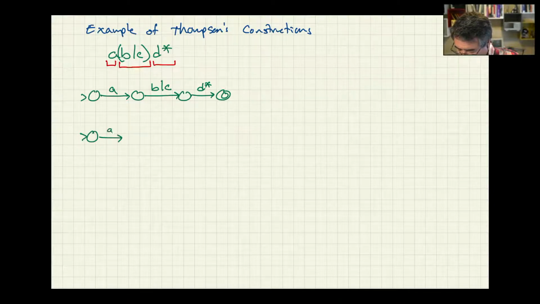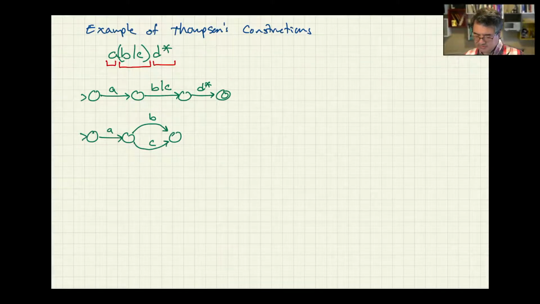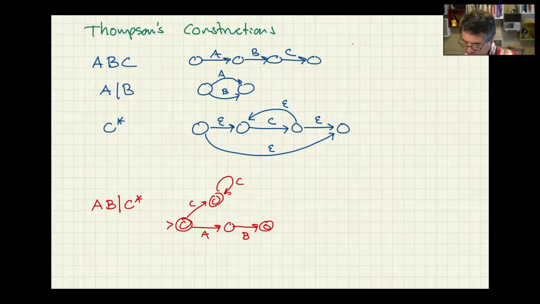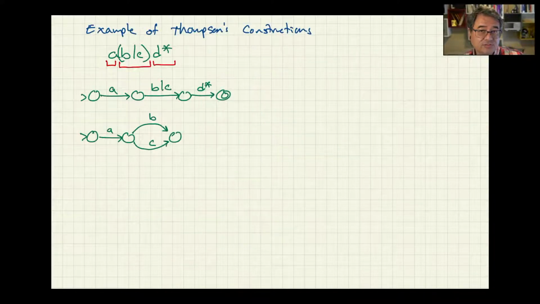The A doesn't change, but the BC becomes this. And you can see that all I did was, if I have two things that are alternating, I just turn them into this. You really shouldn't put a whole lot of thought into this. You just look at what the operation is in the regular expression and turn that into the equivalent state machine piece.